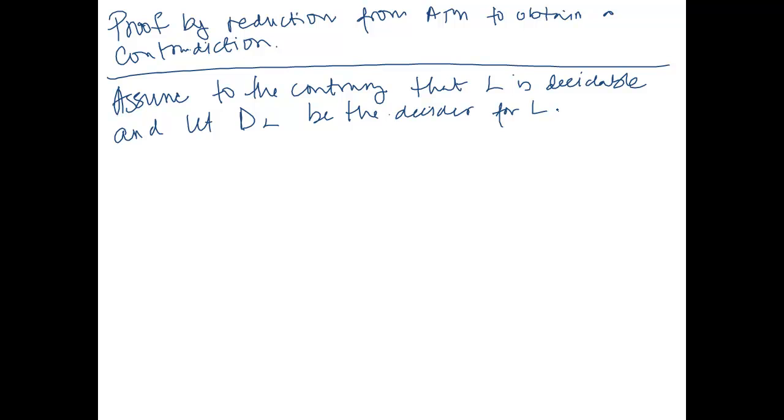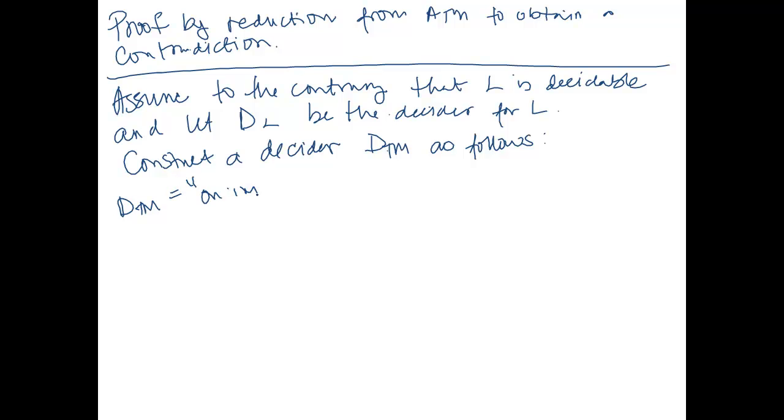Okay, so let's construct a decider DTM as follows. Okay, so what does DTM do? It's going to take an input, M, W, because DTM is going to be our decider for ATM, so its input should match what we would expect for ATM.